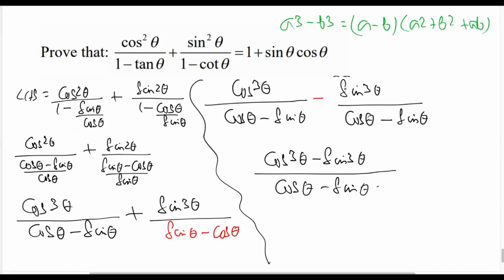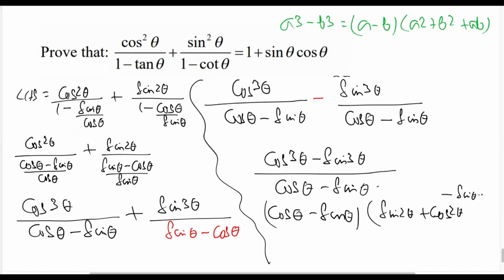So let's split this. a cube minus b cube is a minus b, multiplied by a square, which is cos square theta, plus b square, which is sine square theta, plus ab, which is sine theta into cos theta, and this whole divided by cos theta minus sine theta.